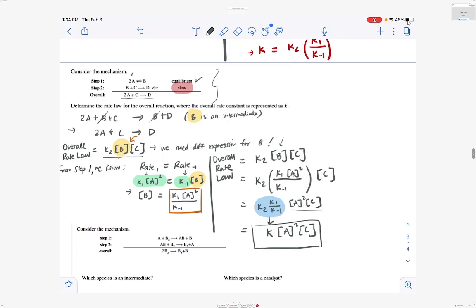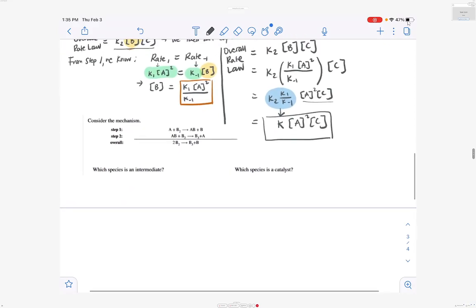No, because this is a multi-step reaction where you have two different elementary steps, right? So this is totally different from what we discussed earlier in chapter 14. This is one elementary step, and this is one elementary step. The overall reaction requires multiple steps, and each individual step is an elementary step, if that makes sense.